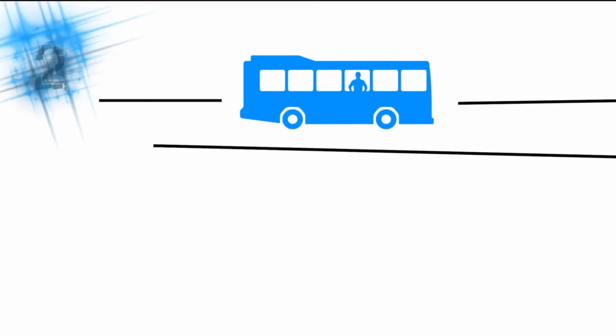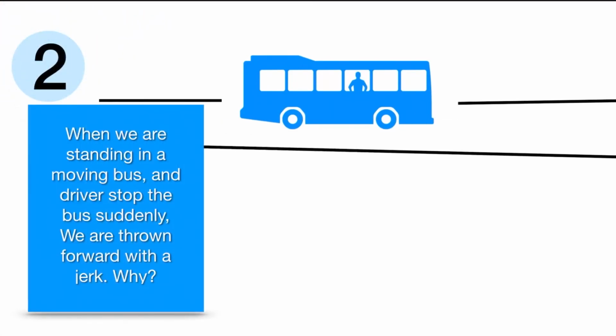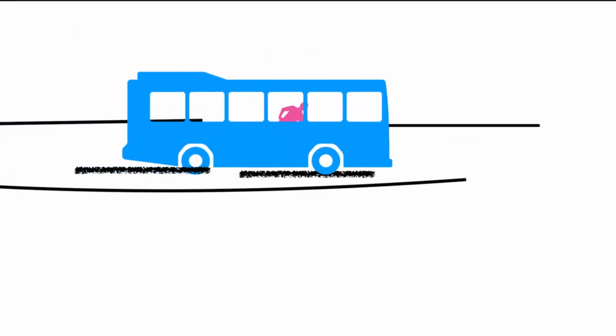Here is example number 2. When we are standing in a moving bus and the driver stops the bus suddenly, we are thrown forward with a jerk. In this case, our body is moving with the bus velocity and it wants to remain in the same state of motion because of its inertia, or as per Newton's first law of motion.